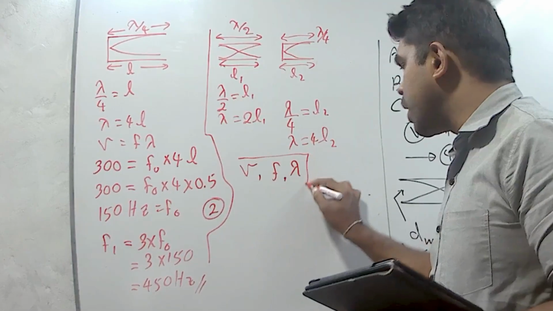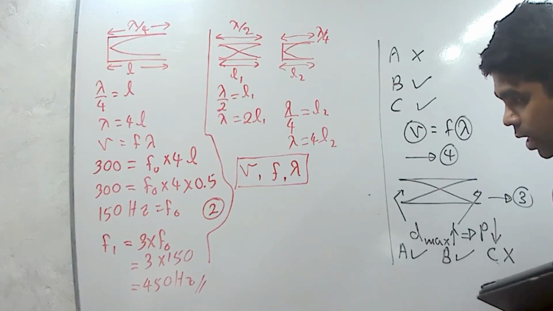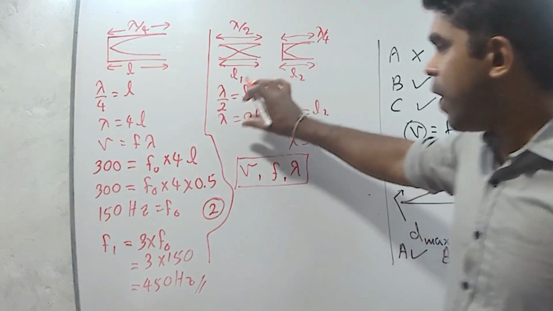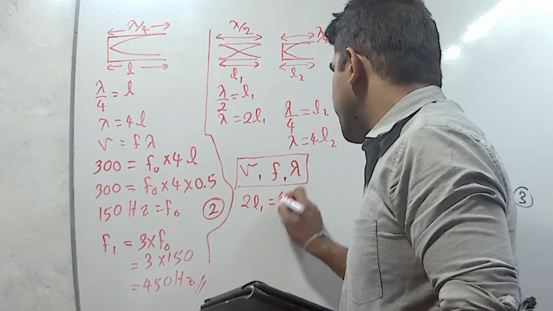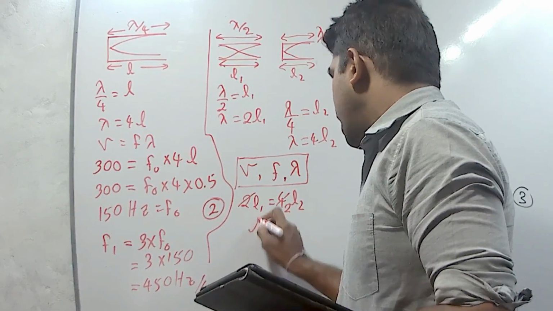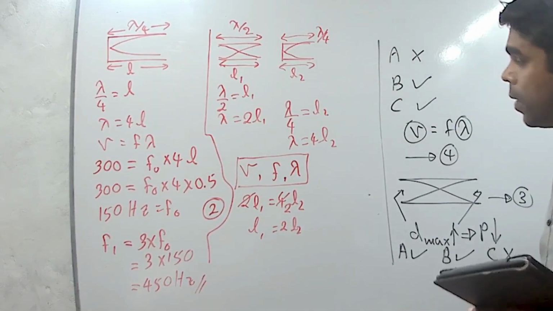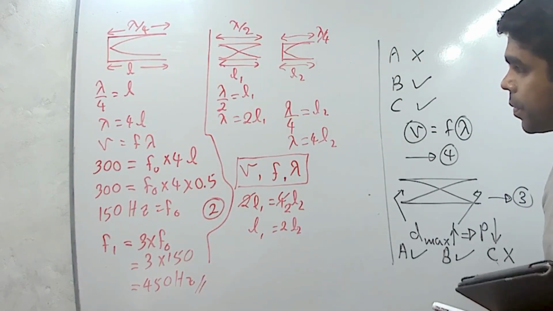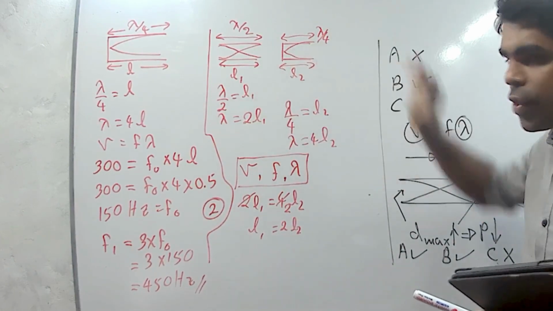All 3 physical quantities should be constant for both tubes. Then 2 times L1 equals 4 times L2. Then we can cancel out, L1 equals 2L2. Then the long tube is this one. The short one is this one.